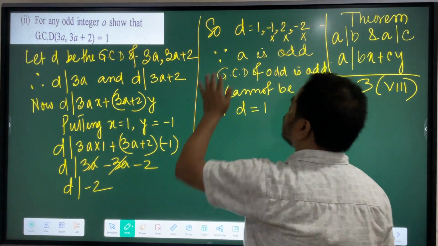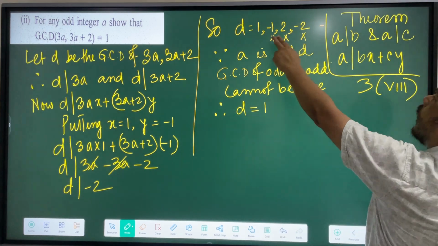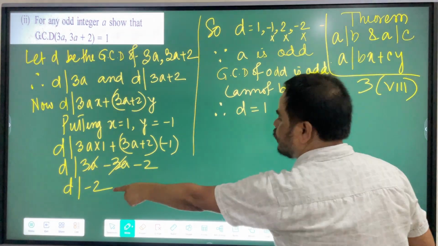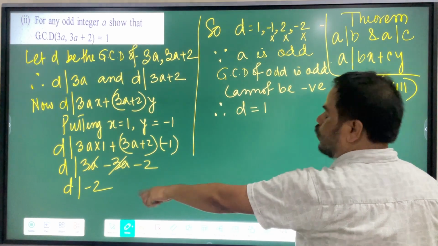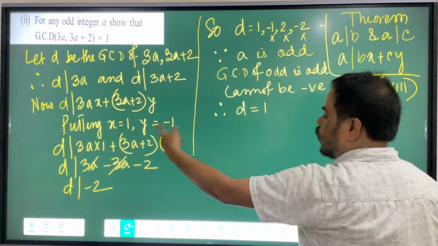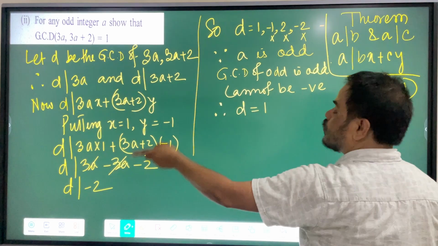D divides minus 2. So d equals 1, minus 1, 2, minus 2, since each divides minus 2.